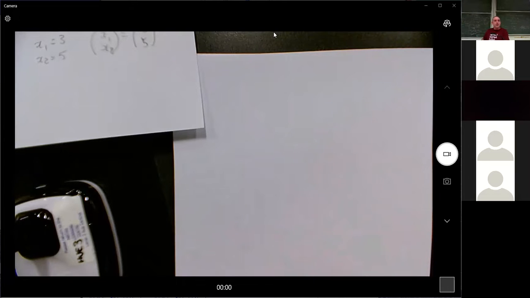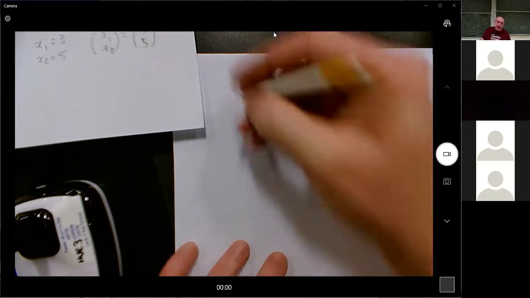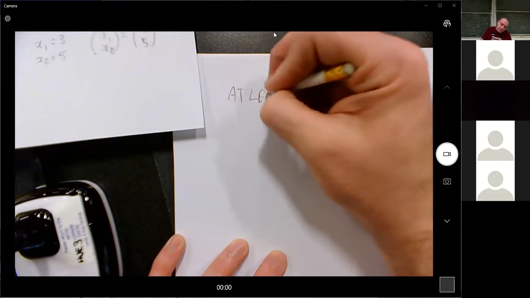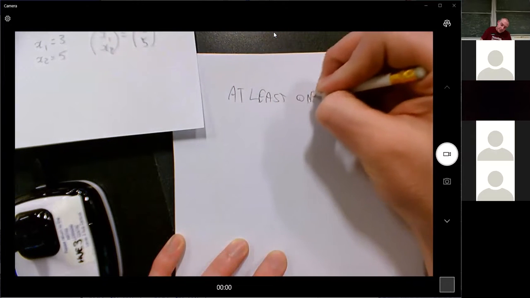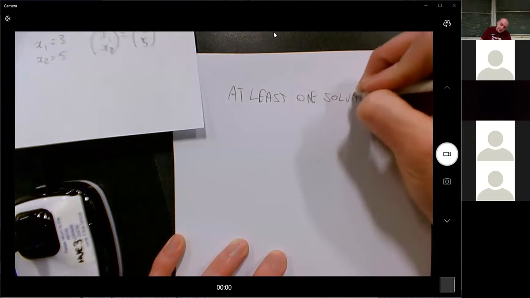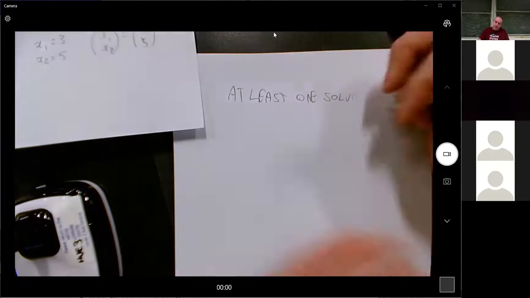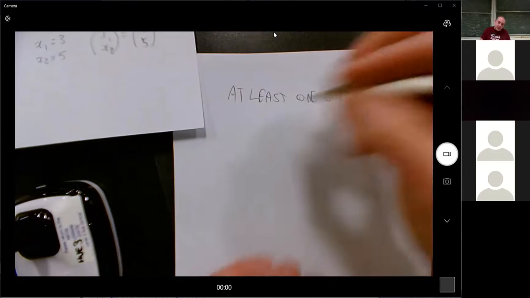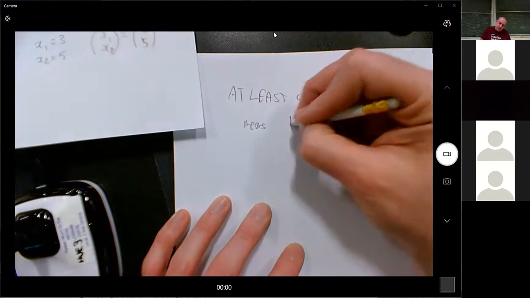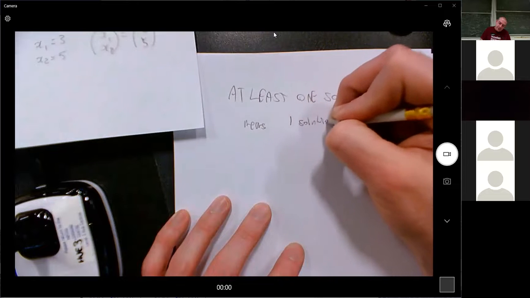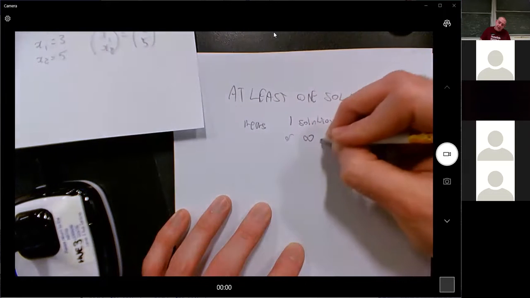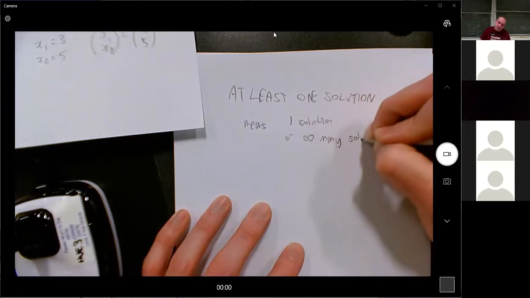The difference between unique and at least 1 is that unique means there's exactly 1, and at least 1 means there could be 1 or there could be infinitely many. So at least 1 solution means 1 solution or infinitely many solutions.